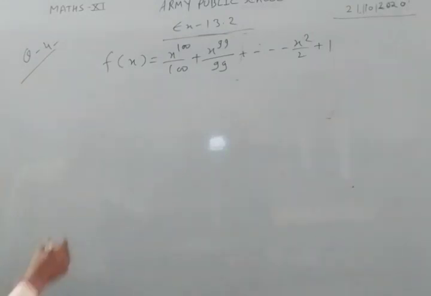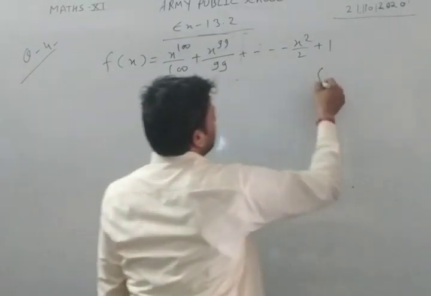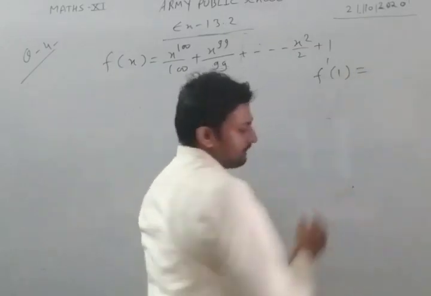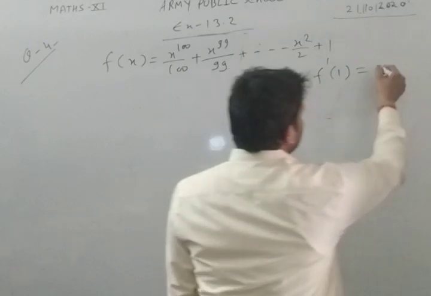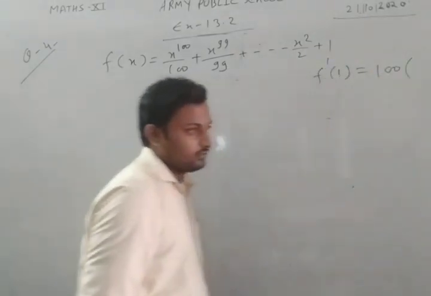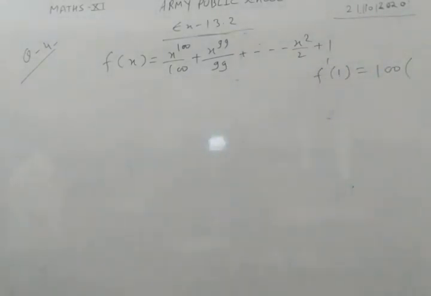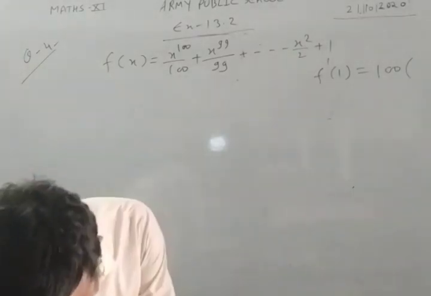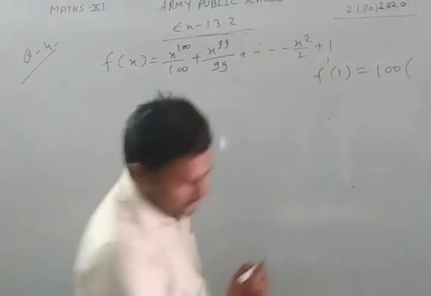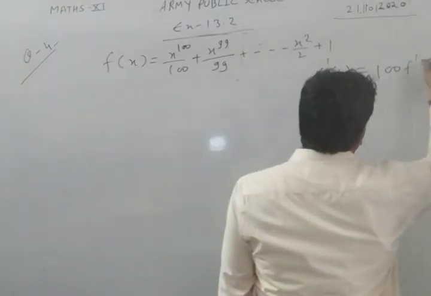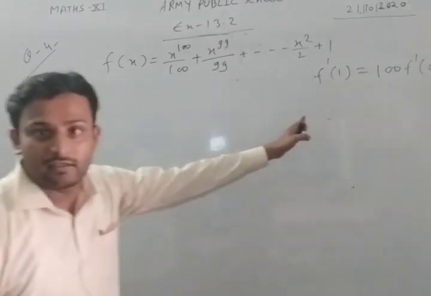Then prove that f dash 1 is equal to 100 f dash 0. We have to prove this.